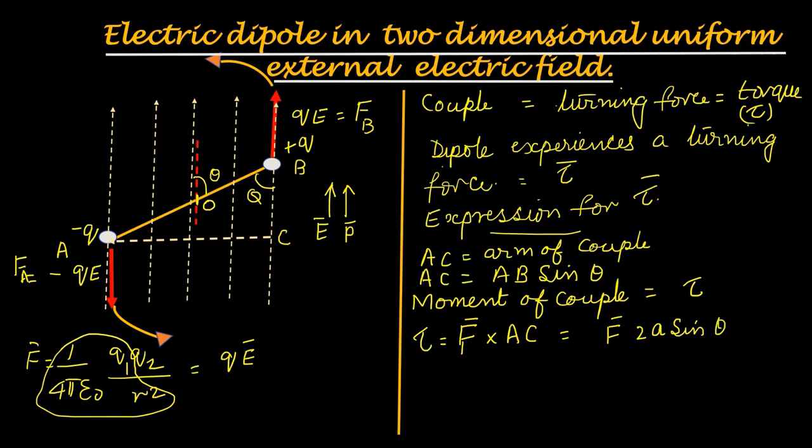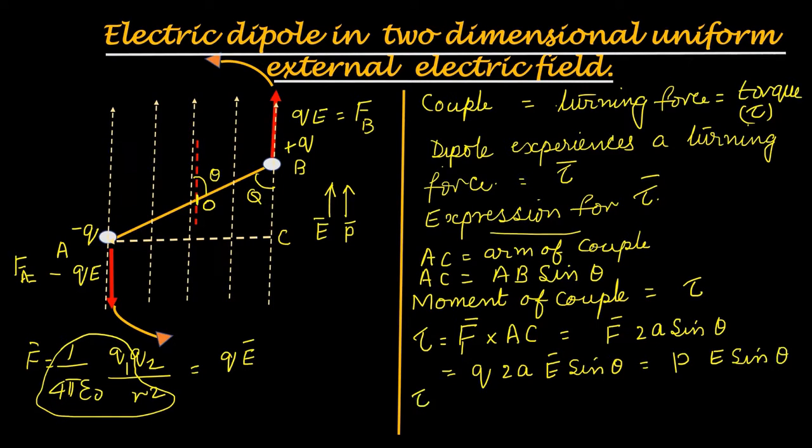sin theta. Substituting for F and rearranging, you get torque is equal to Q2A E sin theta. But we know Q2A is equal to dipole moment P. So the expression becomes PE sin theta.